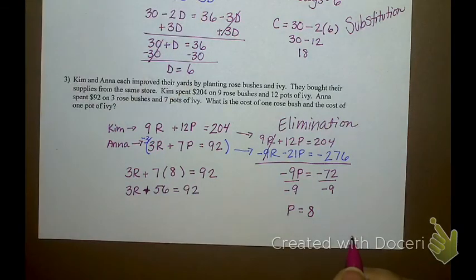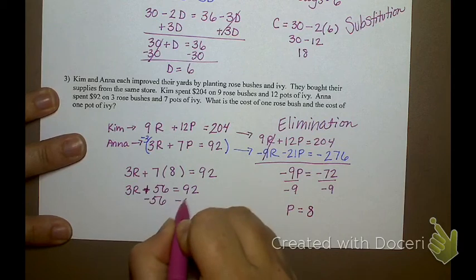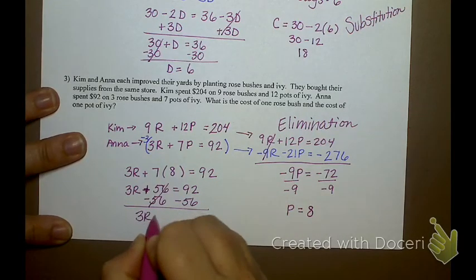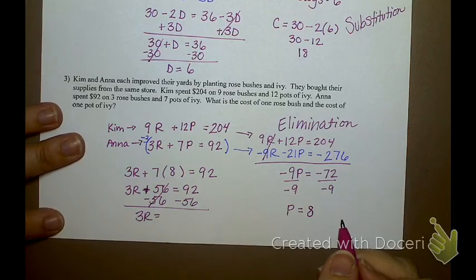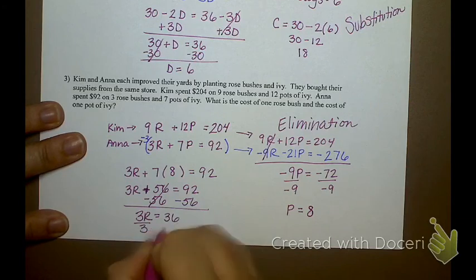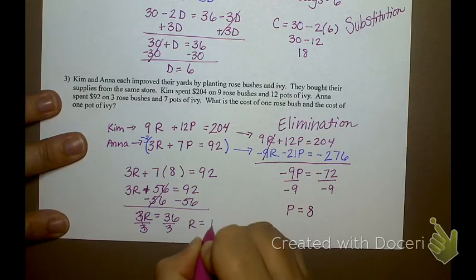What do I do now? Subtract 56 from both sides. And 3R equals what? 36. Divide by 3. And R is what? 12.